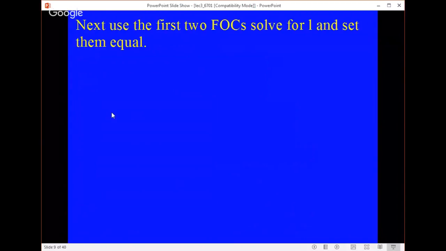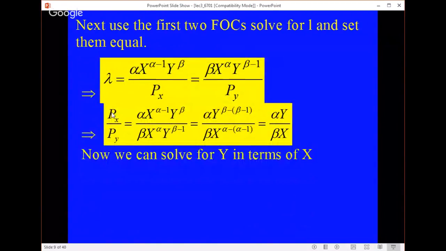Those ratios, marginal utility of x over marginal utility of y, equal the marginal rate of substitution. I do the algebra, and I get something a lot simpler: alpha times y over beta times x is equal to the ratio of prices.